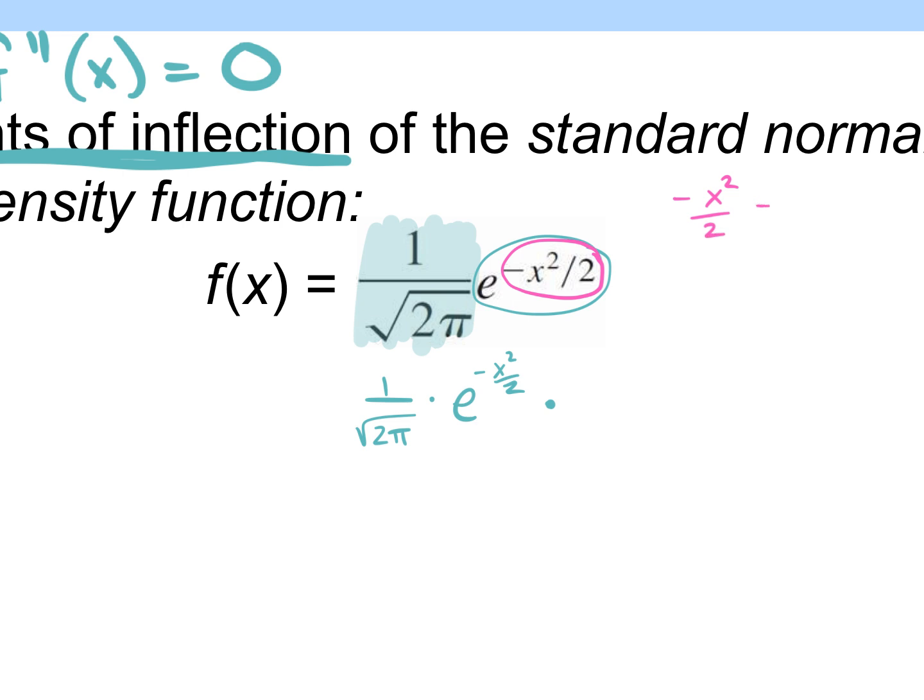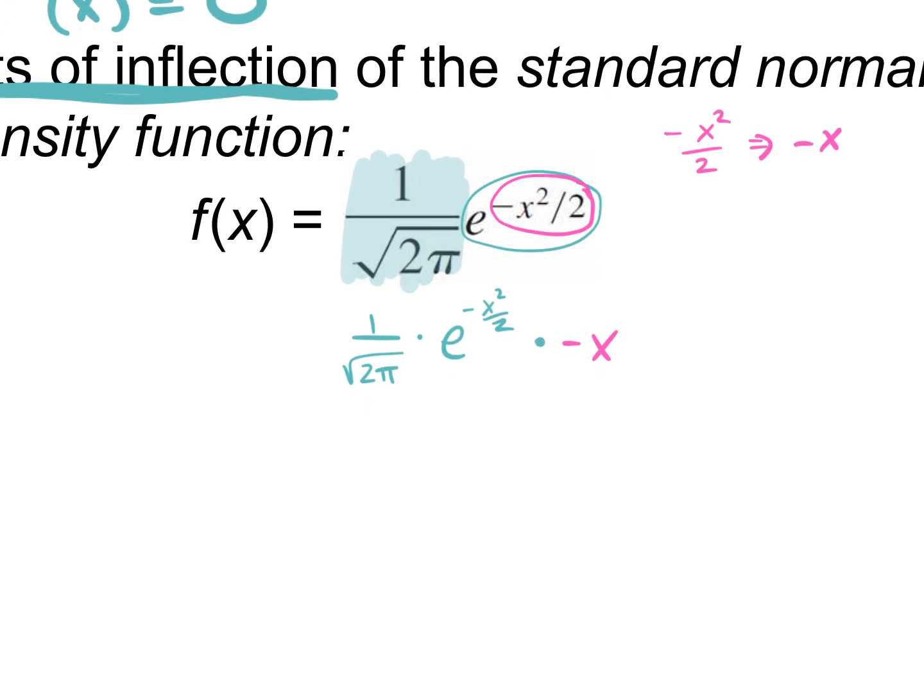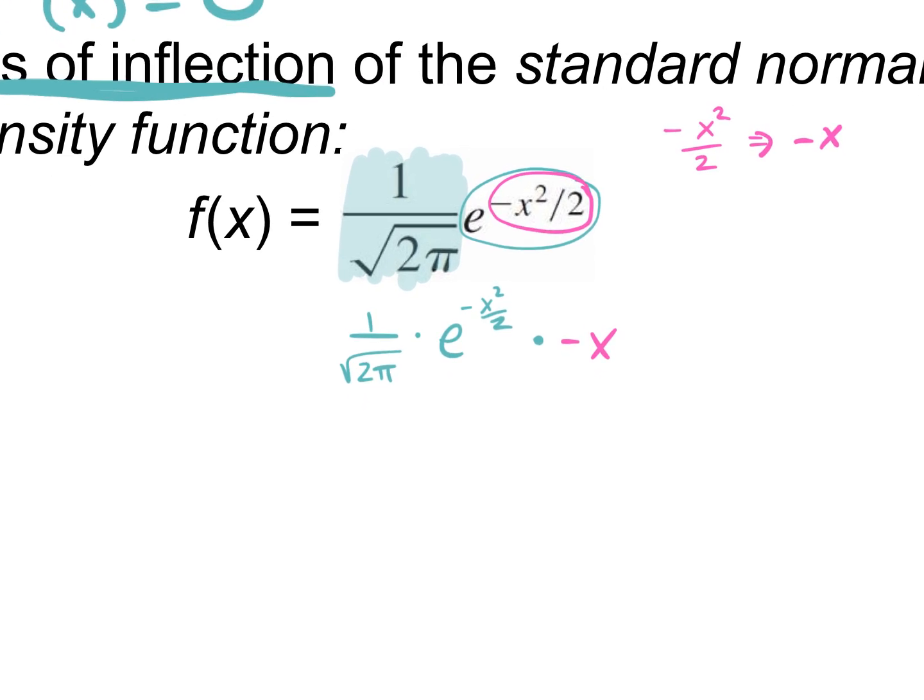What would our derivative be here? -x, perfect. We'd multiply the 2 out front, cancel out with the 1/2 that we have, and then subtract 1 from the exponent. So -x. So to rewrite this, we could say -x over square root of 2 pi times e to the power of -x squared over 2. So this is our first derivative.